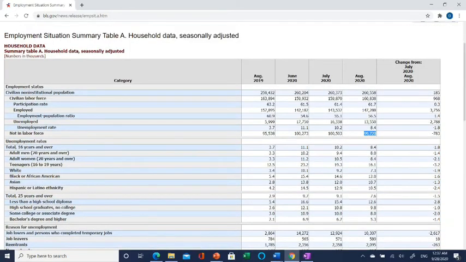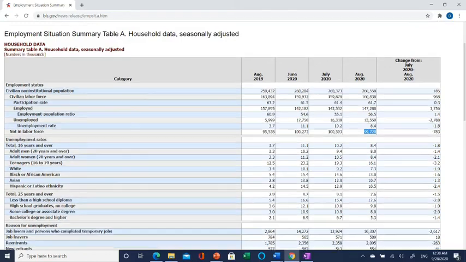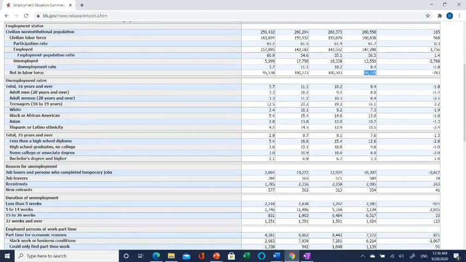We see a lot more information on this table, a lot of statistics about the unemployment rates for the age groups, unemployment rate by different race groups, the unemployment rate for different education groups, and also duration of unemployment. That is also important.